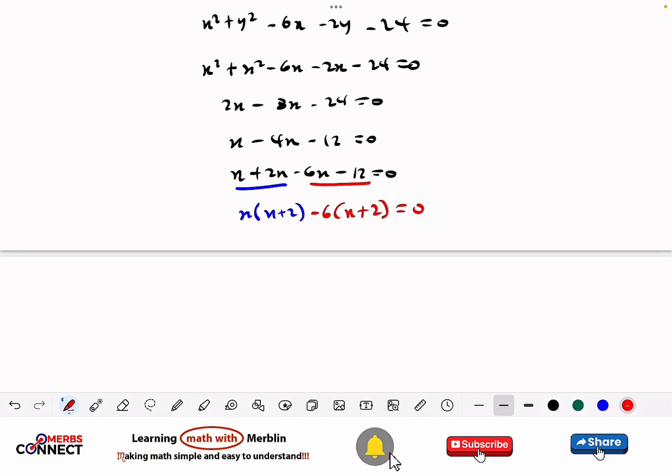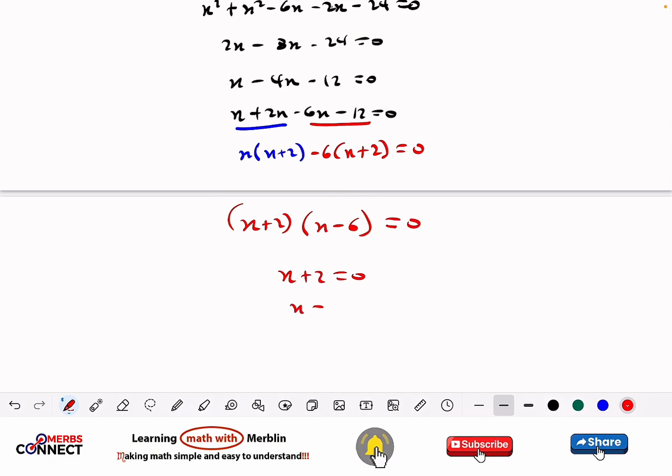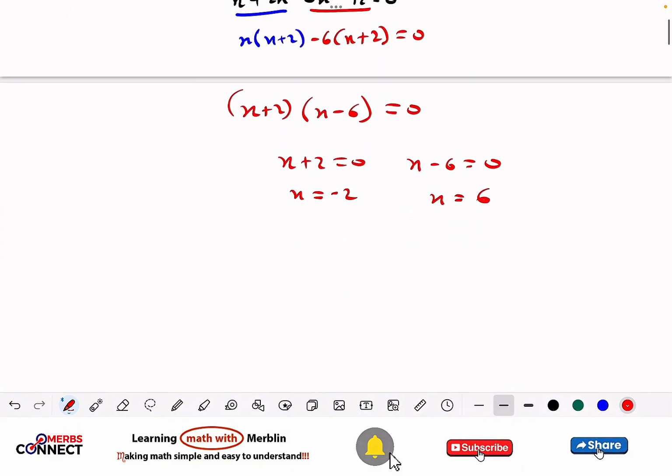So I'm going to have x plus 2 and x minus 6 is equal to 0. This implies that x plus 2 is equal to 0, so x is minus 2, and x minus 6 is equal to 0, so x is equal to 6. So x is 6 and minus 2.